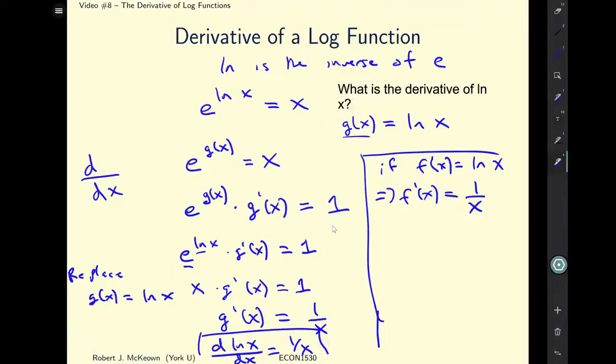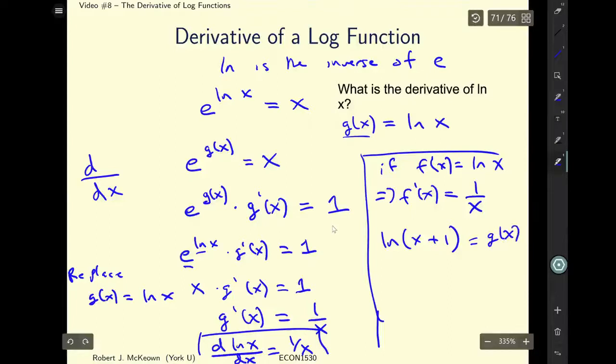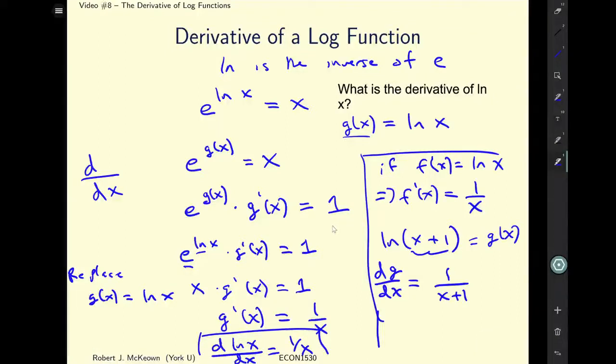So if I've got something like the log of x plus 1, and I want to find dg with respect to dx, it's going to be equal to 1 over x plus 1. So whatever is in this bracket is going to move into the denominator, and we're going to get 1 over x plus 1.